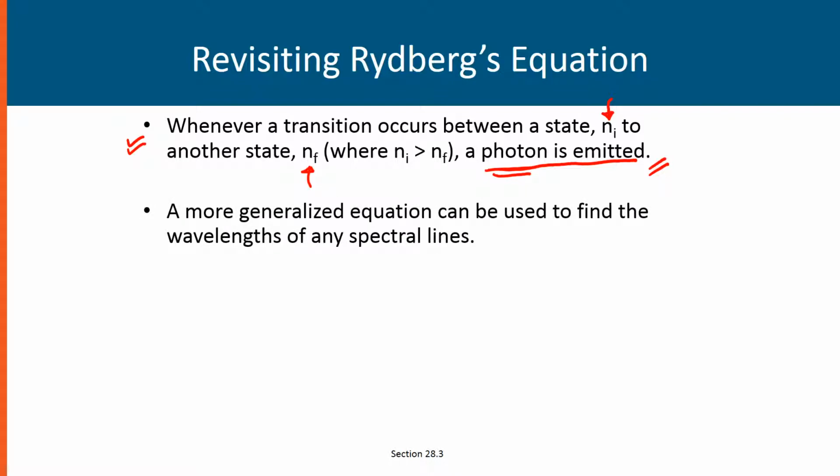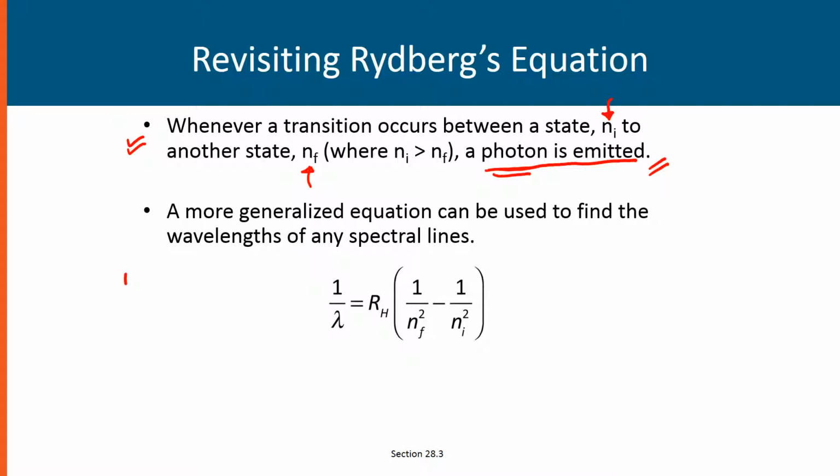And the wavelengths of these specific photons can be solved using Rydberg's equation, which is equal to 1 over lambda is equal to RH, the Rydberg's constant, multiplied by 1 over n final squared minus 1 over n initial squared.